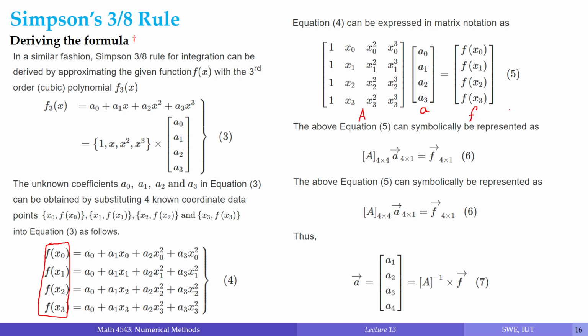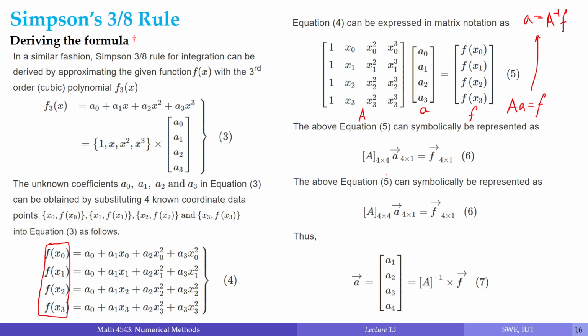So we know that the equation here is capital A times small a equals f. Our target is to find the unknown values, or the coefficient values. So what we can do is, I don't have space over here, let's write it like this: a is basically A inverse times f.